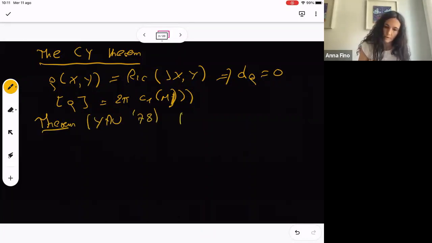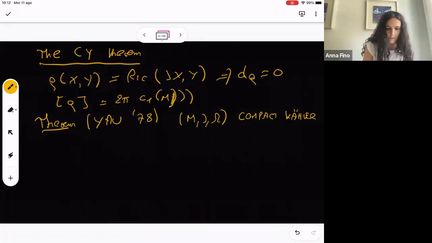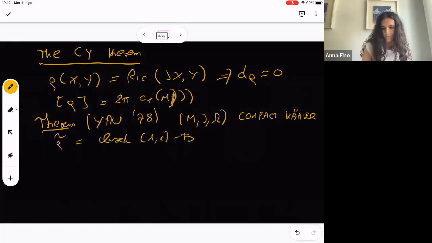Let's start with a compact Kähler manifold, and let rho-tilde be a closed (1,1)-form which represents the first Chern class, such that the de Rham class of rho-tilde is 2 pi times the first Chern class.